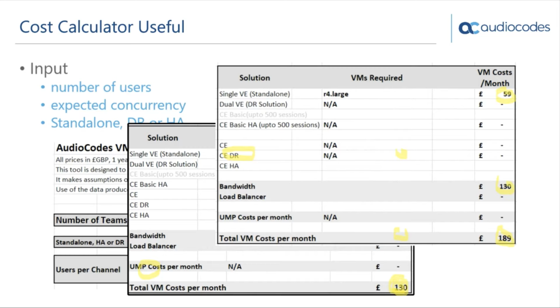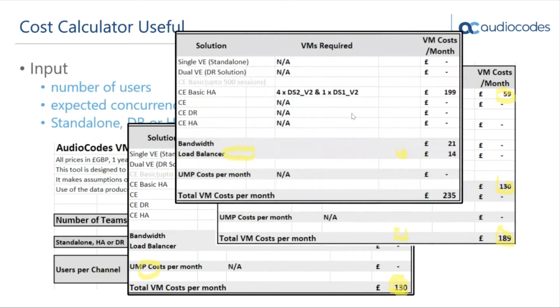And if you turn on HA and put it through the same model, you can see then you need the different virtual machines that I've written here, because we need these 4 virtual machines to run all the media, and one for the stack manager, and that costs quite a lot of money. It costs almost £200.